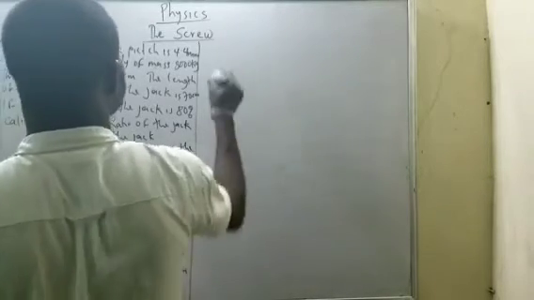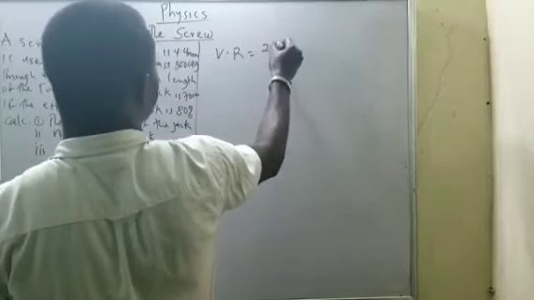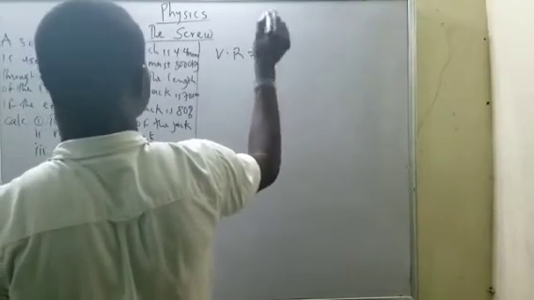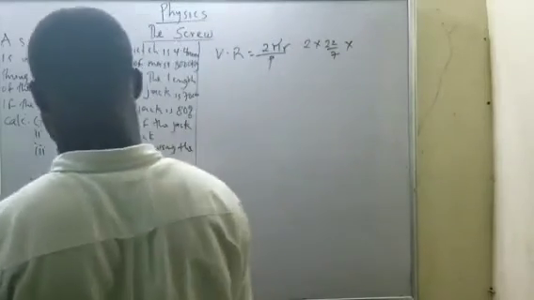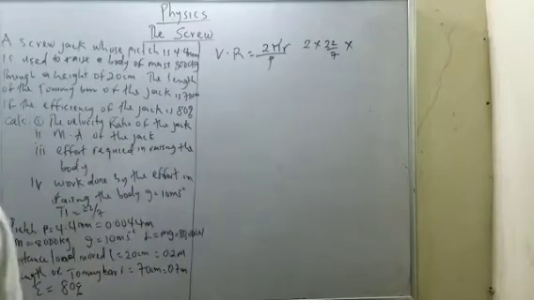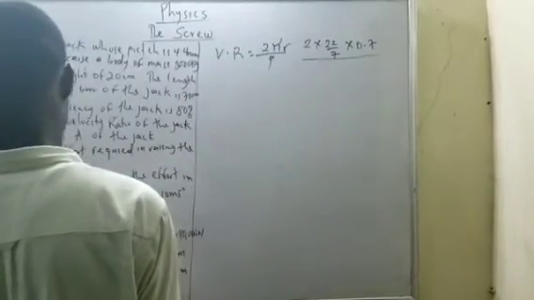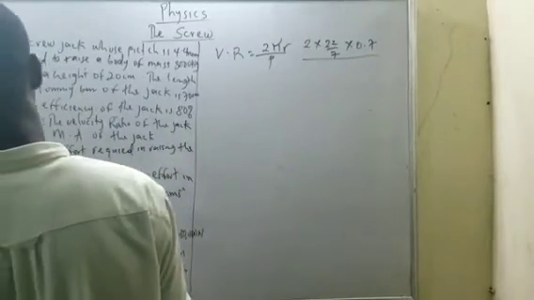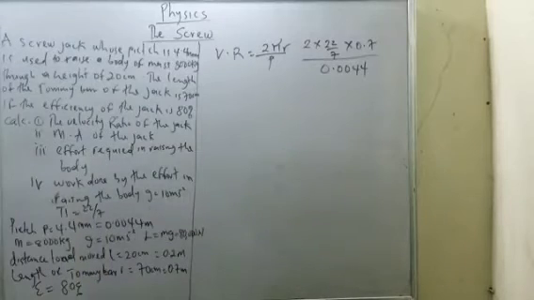The first thing I'm looking for is the velocity ratio. Velocity ratio will be equal to 2 pi r divided by pitch, which is 2 multiplied by 22 over 7 multiplied by my r, which is 0.7, divided by 0.0044.